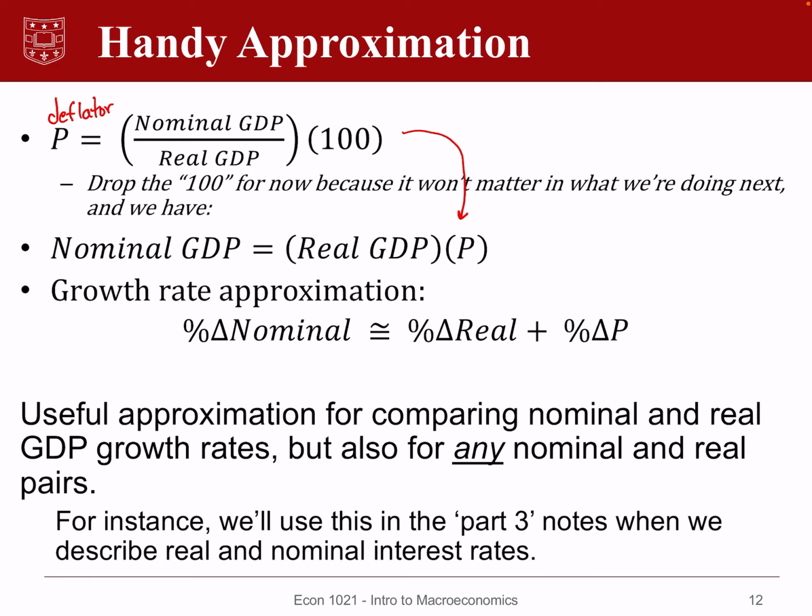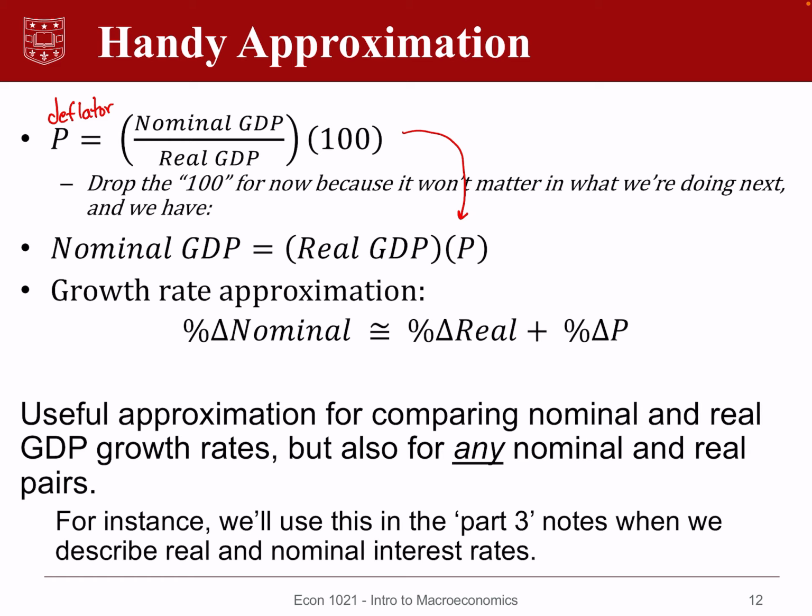And for those of you who are calculus fans, you can probably see this quite readily. If we want to know the growth rate of nominal GDP, we're asking what is the growth rate of this product? And the growth rate of a product of two numbers is approximately equal to the sum of the growth rates of the individual variables.